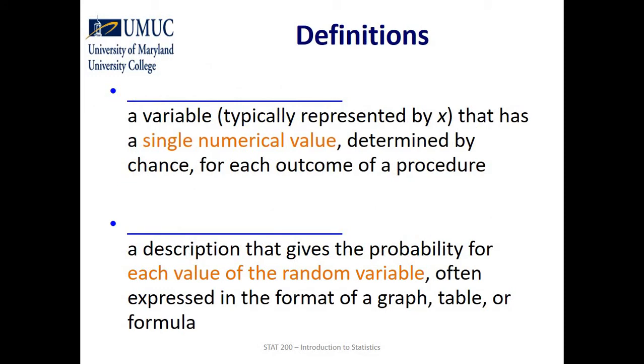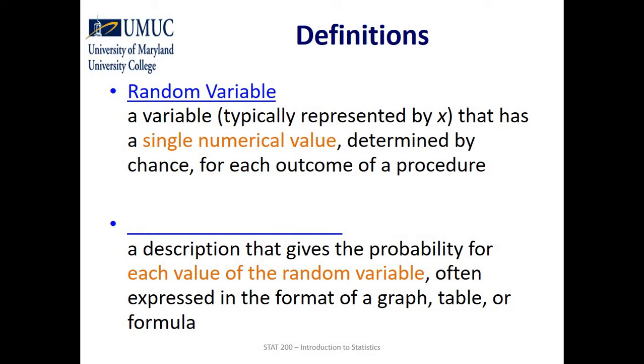Okay, we're going to start off with a couple of definitions. The first is a random variable. A random variable is some numerical value, typically represented by x, that has a single numerical value determined by chance for each outcome of a procedure. So each possible result of a procedure also has an associated probability with it.